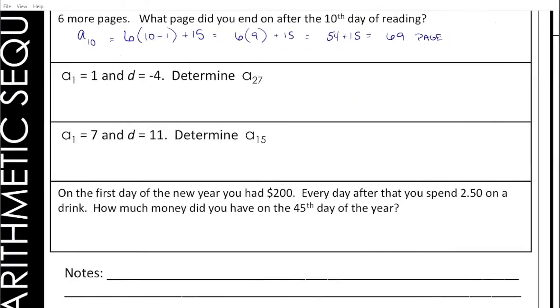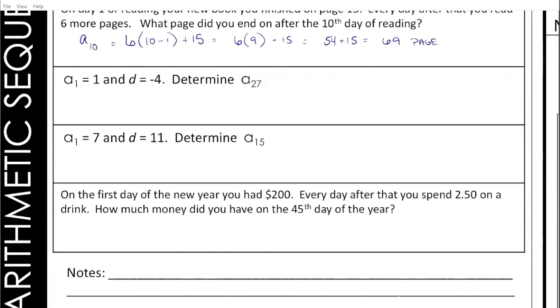Right? On the first day of the new year, you had $200. Every day after that, you spent $250 on a drink. How much money do you have on the 45th day of the year? Okay, so if you think back, we kind of figured out that the common difference was what our d was. So we want to know 200 is how much we started with. 45 is the day they want us to figure out.